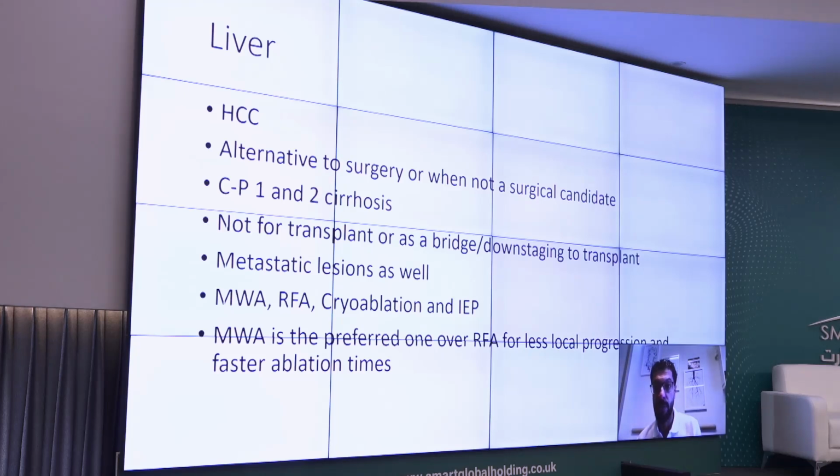I tend to treat a lot of deep lesions and lesions next to vessels, so I prefer to have less sink effect, and by this clearly less recurrence. As the evidence also shows, microwave has the upper hand over radiofrequency, with less local progression and clearly faster ablation times, and this is especially true for larger lesions, say for example more than 2.5 centimeter lesions.